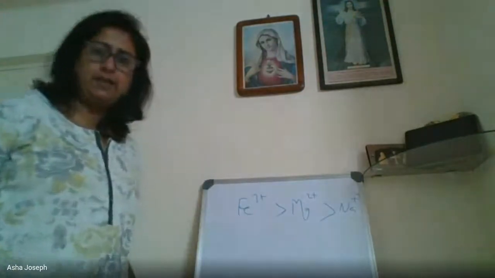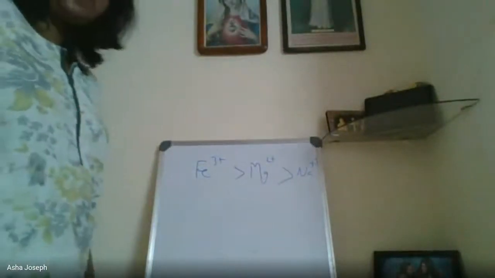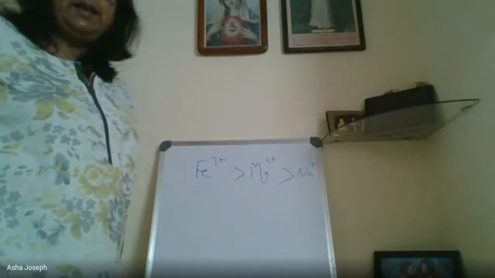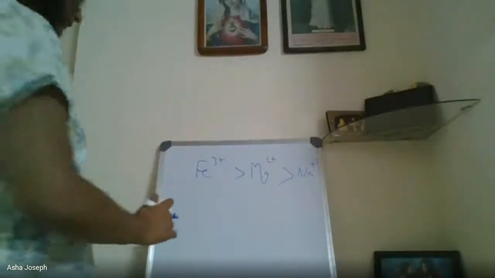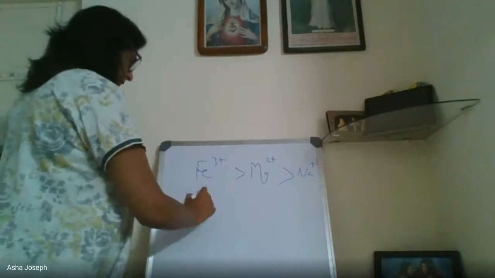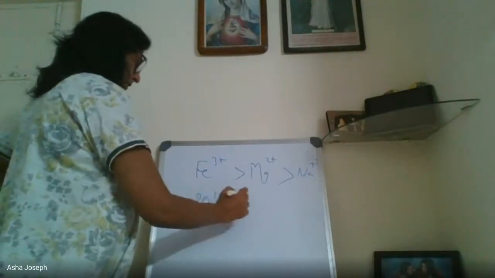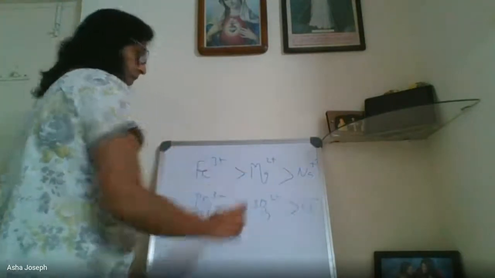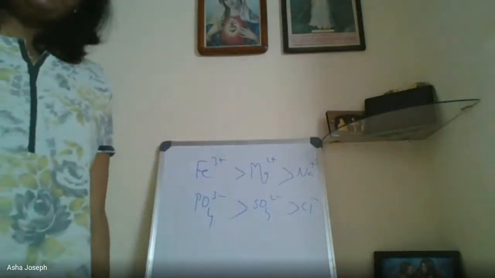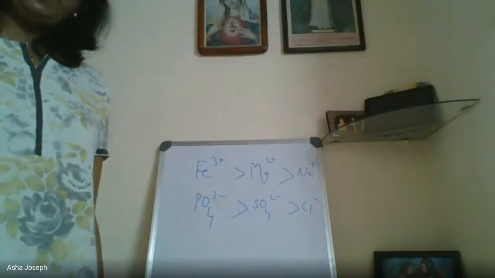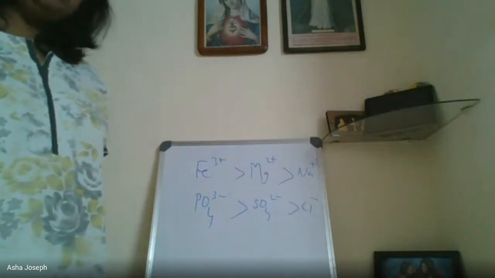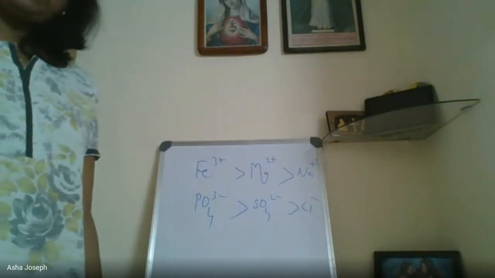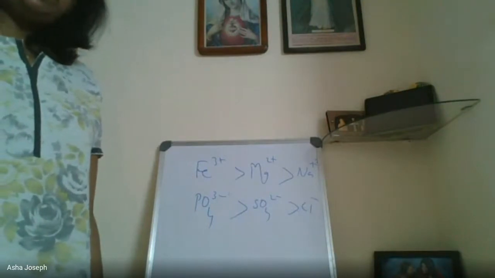You agree? Hardy-Schultz rule, isn't it? This is in the case if the flocculating ion is a cation. Suppose the flocculating ion is an anion: PO4 3-, then SO4 2-, then Cl-. So this is the rule. Greater the valency of the flocculating ion, greater will be the coagulating power. Understood?